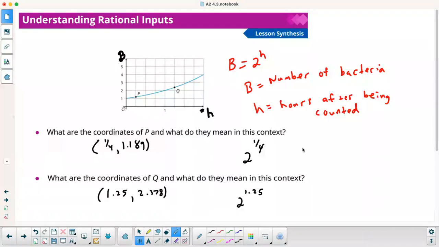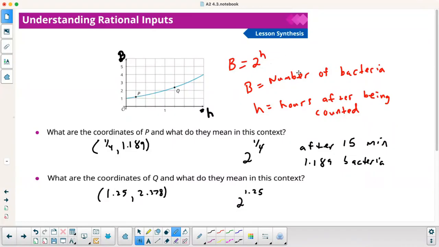So this would mean after 15 minutes, quarter of an hour, there are 1.189 bacteria.